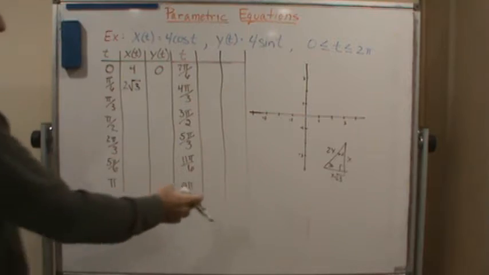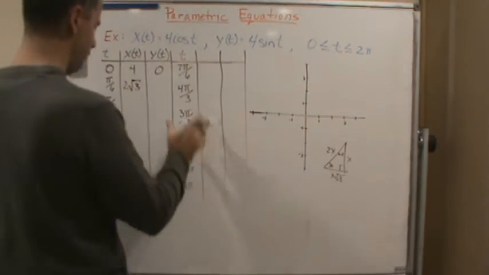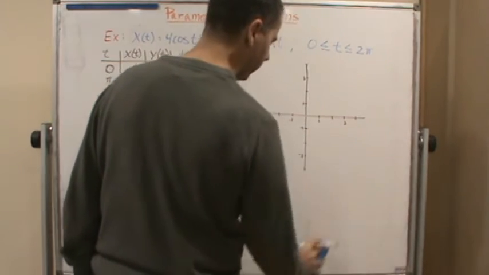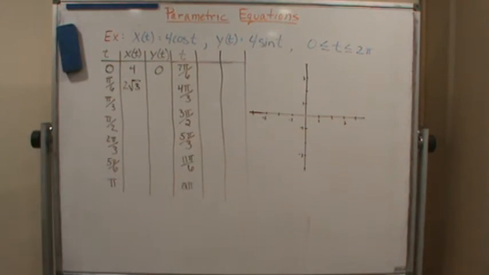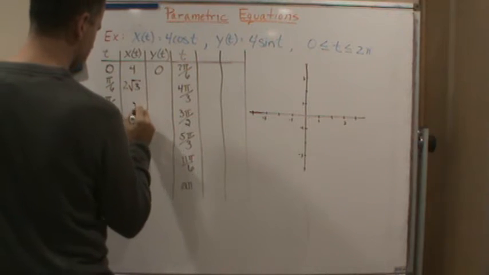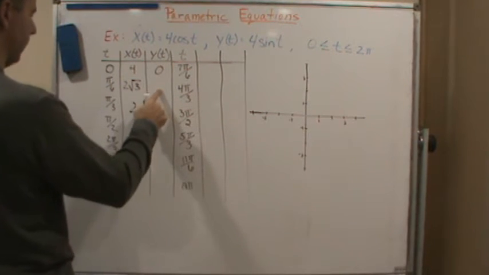But again, I'm going to be using the unit circle to fill this out. Again, just review. You should know these. So pi over 3, that's a 60-degree angle. So now we're doing cosine of a 60-degree angle, and in that case, we get 1/2 times 4, which is going to be 2. Oh, we forgot to do this one.